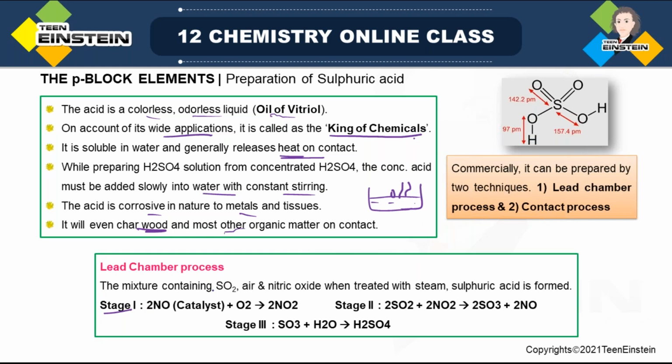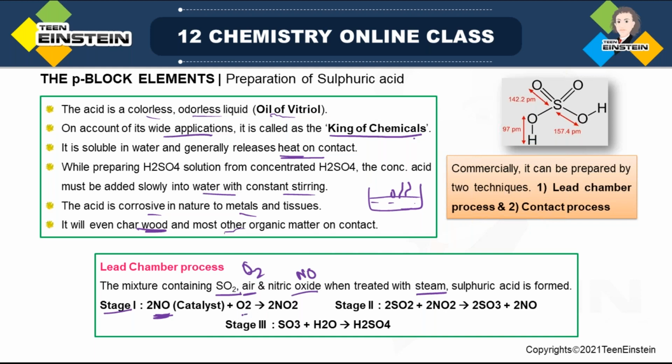The first step is a mixture containing sulfur dioxide, air, that means the presence of oxygen, and nitric oxide, that means NO. So you have taken SO2, O2, NO, and you are treating it with steam, that means water. So first there will be formation of sulfuric acid. In stage 1, NO is basically the catalyst.